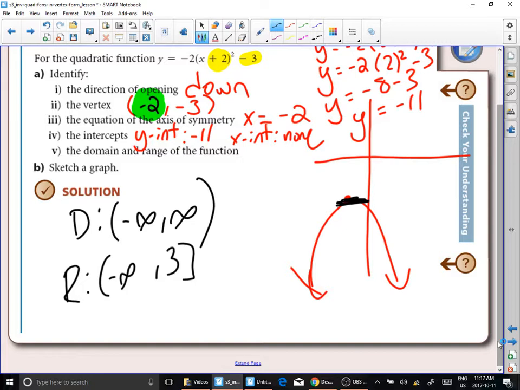But if it doesn't, or we're talking about infinity, we always have to use round brackets. Okay? But in this class, we'll always be talking about the domain of a quadratic function going from -infinity to infinity. The range will be dependent on whether there's a minimum or a maximum.